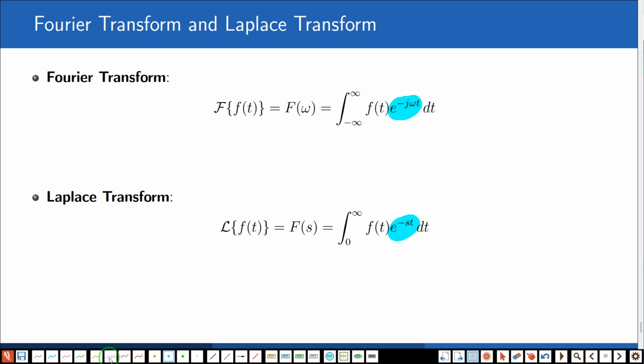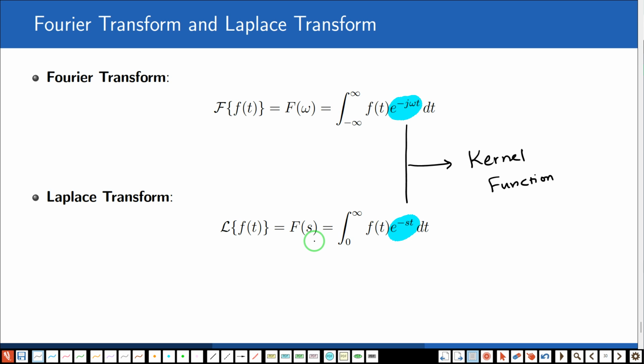It is the same for the Laplace transform as well. These are both kernel functions or basic functions. We calculate the similarity of f of t to any of these, and we get another function of omega or s, and that says what the contribution of this frequency component is in the time domain function f of t, and we can decompose the function in terms of its fundamental frequencies.